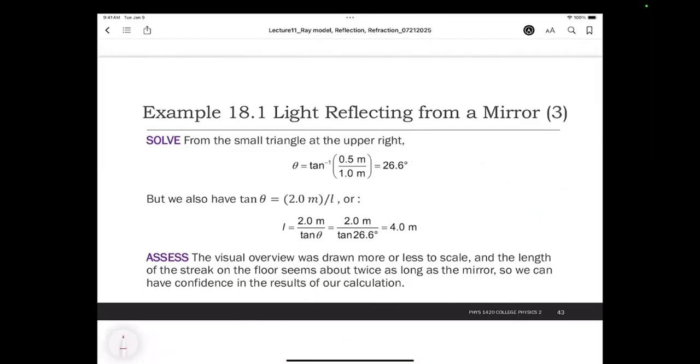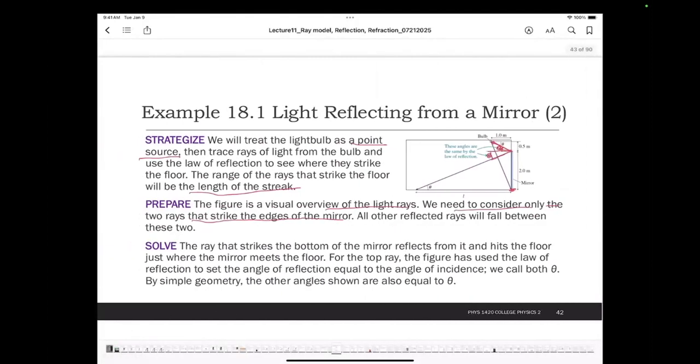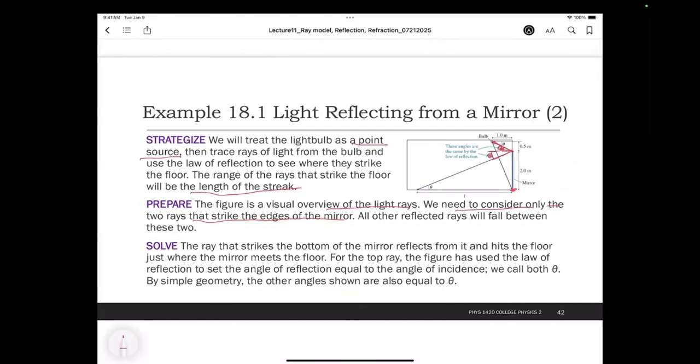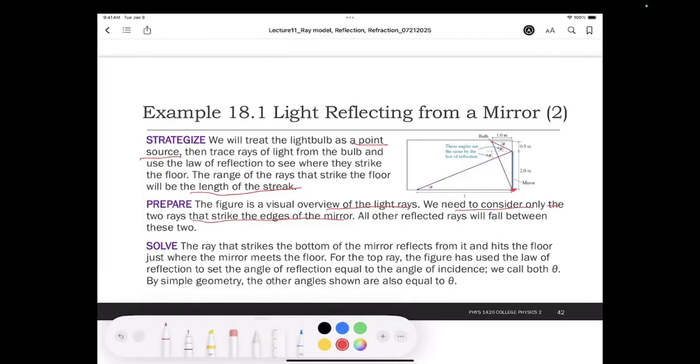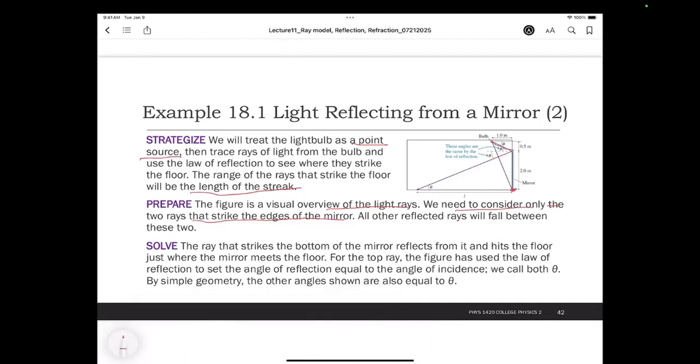From the small triangle at the upper right, you can see here there is a triangle. We know this distance is 1 and this distance is 0.5, and we can calculate theta based on those two.